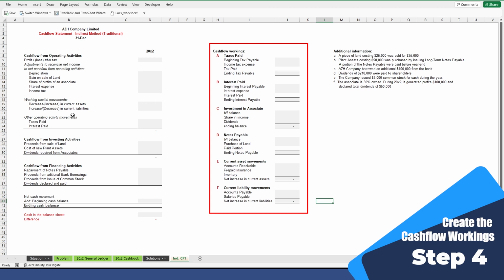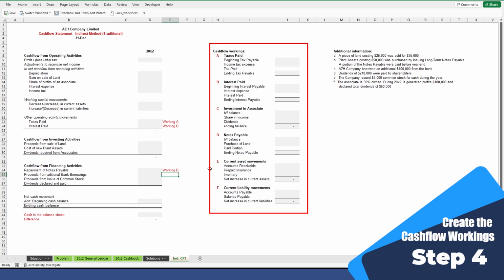For example, when you have paid taxes during the year, you have to create a taxes paid workings, which is workings A. Interest paid would be working B. Repayments of note payable as working D. And other workings that might be needed for support that you can identify.